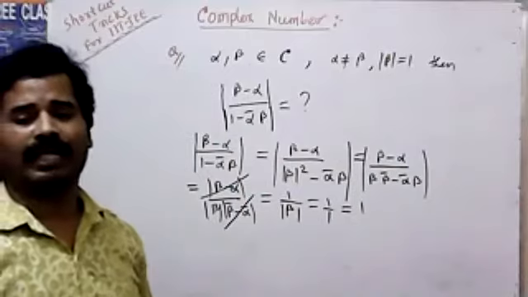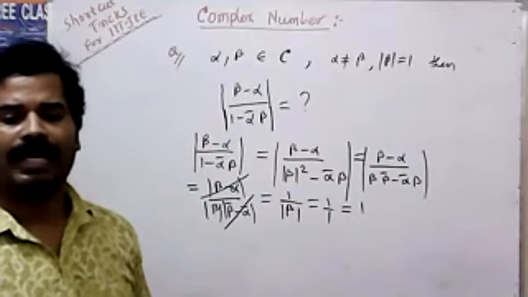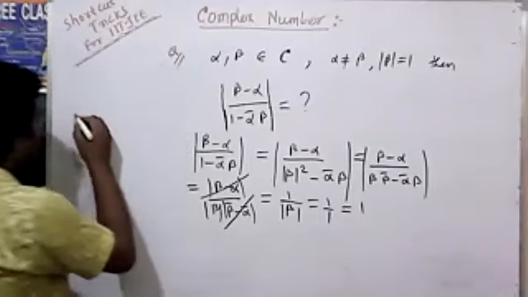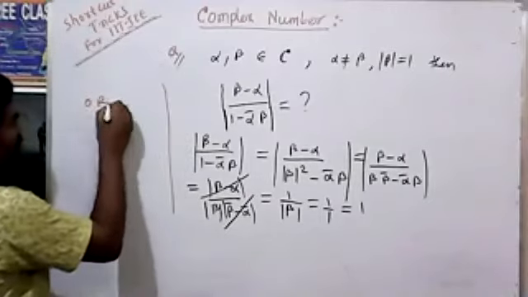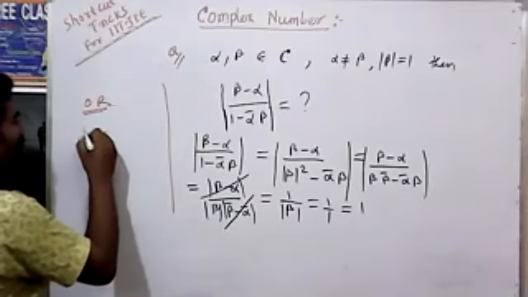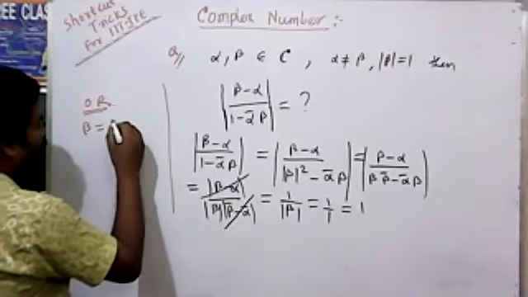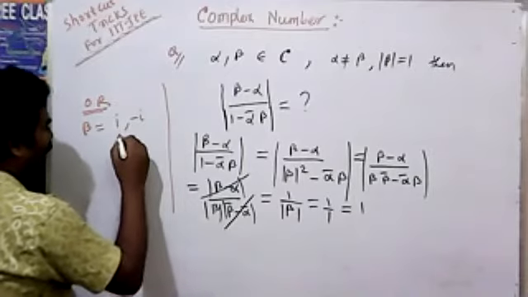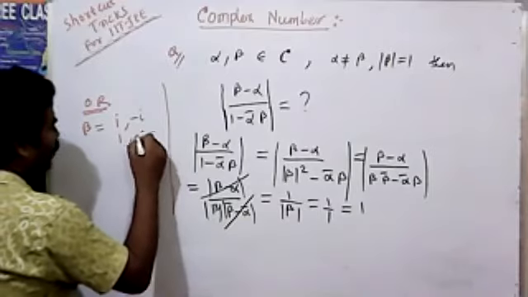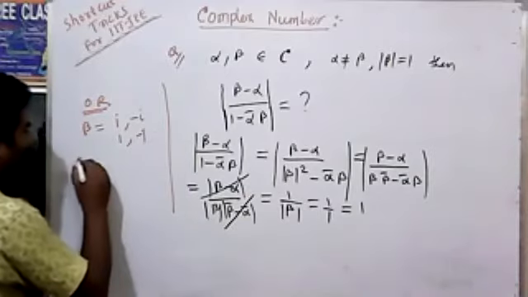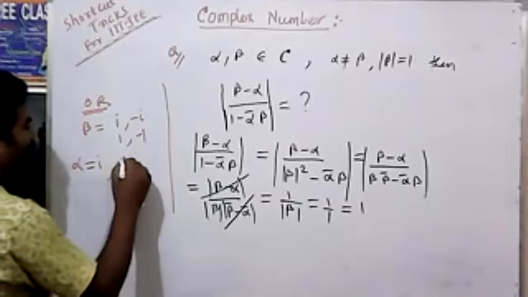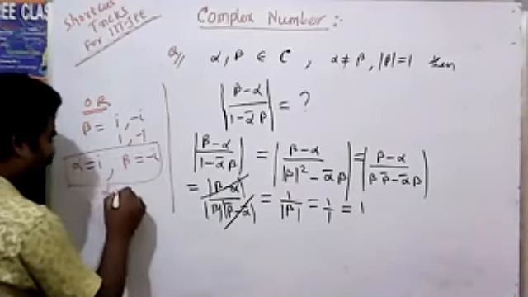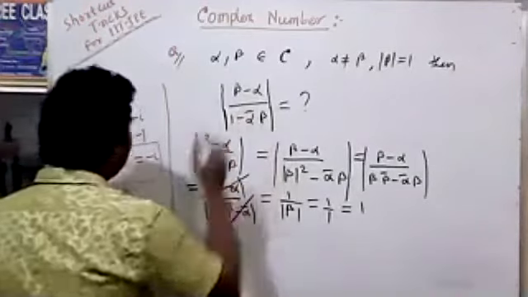There is another technique, or method, where you put values: let alpha is equal to i and beta is equal to minus i. By putting this, you can find this value.